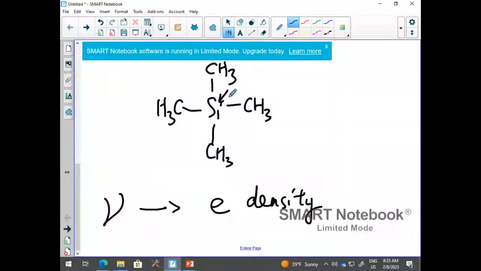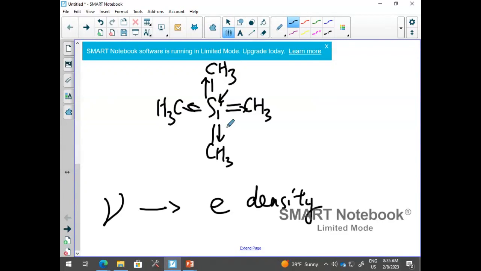So if you look at the inductive effect, silicon will donate electrons to those methyl carbons. When the methyl carbon is very electron rich, the carbon is also going to push some electron back to those protons.